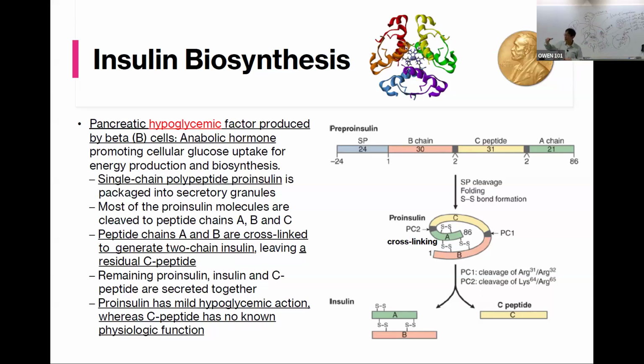And then that high concentration of calcium ion in the cell will induce the release of insulin. All right. So that's the way perhaps you need to study or try to understand all these things.